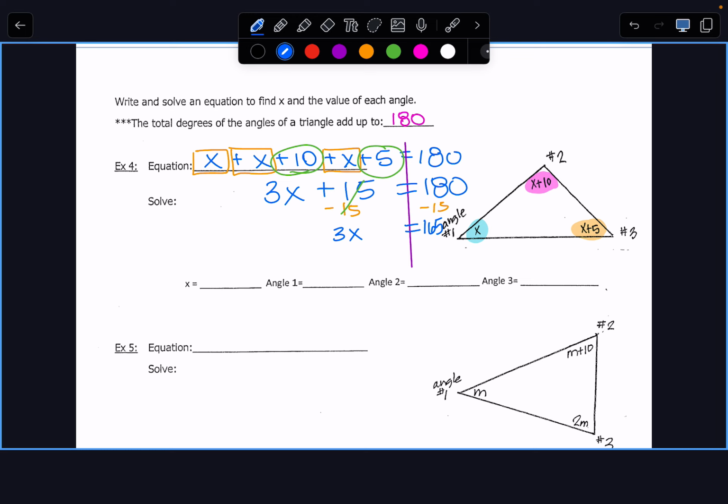Sorry, I gotta squish that in there. Took up too much room. All right, my last step is to divide by 3. So that x equals 55. Okay, so here I have 55 right here.